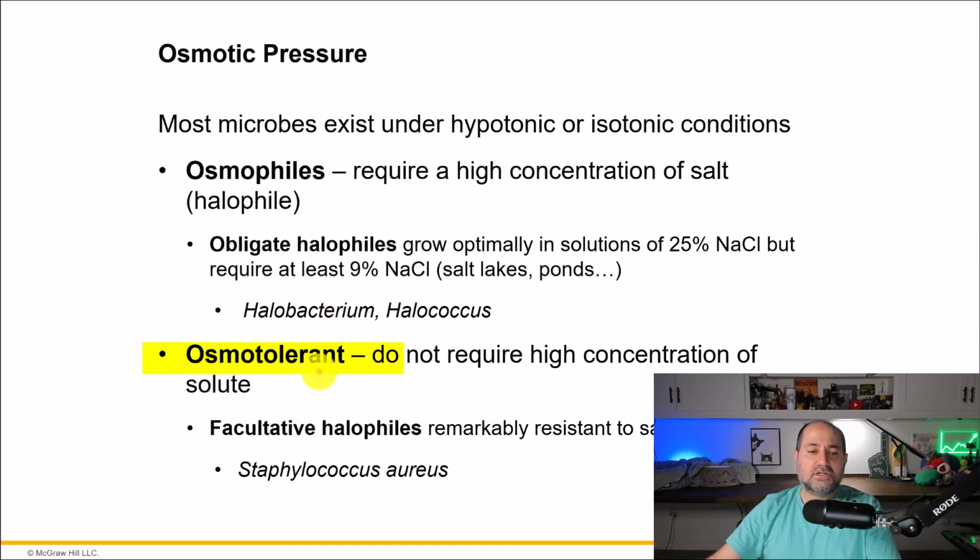Whereas osmotolerant microbes don't require high concentrations of solute, but they can withstand high concentrations of solute. So for instance, if an organism is a facultative halophile, that means it doesn't require high salt to grow, but it can withstand high salt. So an example is Staphylococcus aureus.